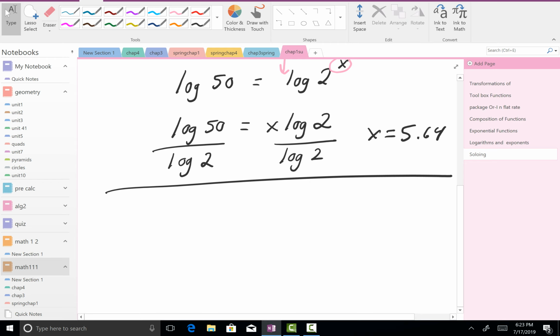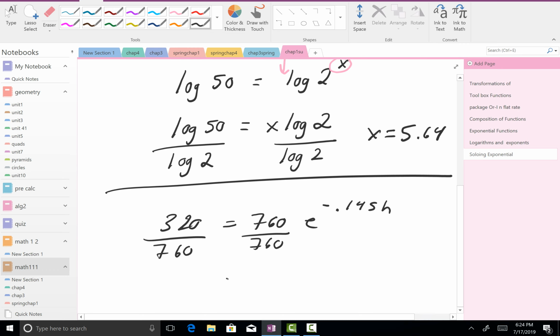So we had, let's see, I'm trying to find one. 320 equals 760 times e to the negative 0.145h, I think it was. So this was one of the problems that I think Jessica asked, 0.145h, I think it was something like that. Okay, so here it is. All right. Well, it's best if we divide by 760, so we can try to isolate it, make it simple for us.